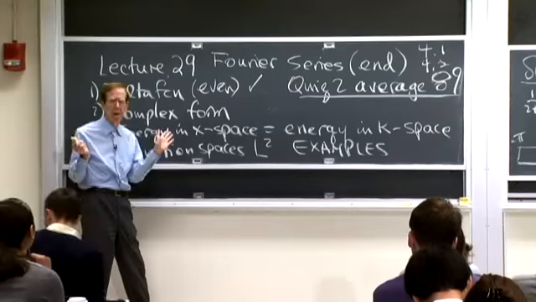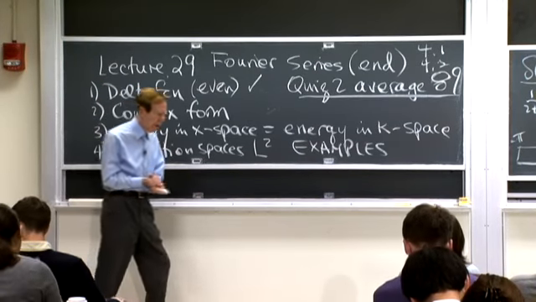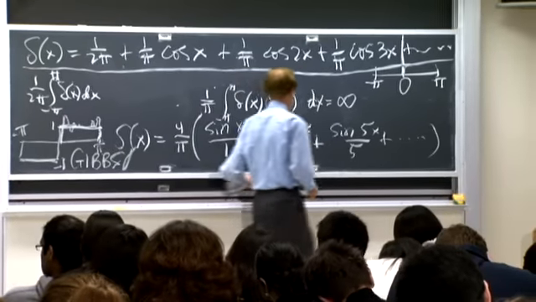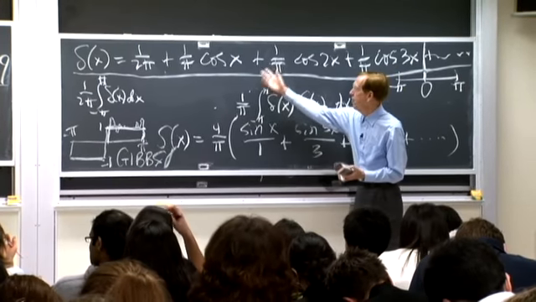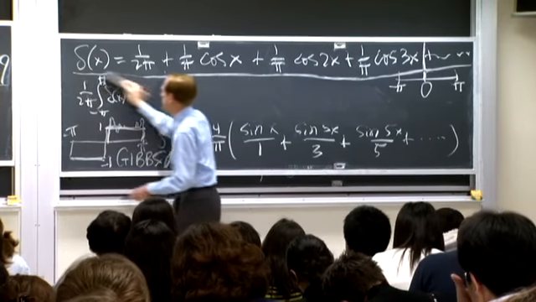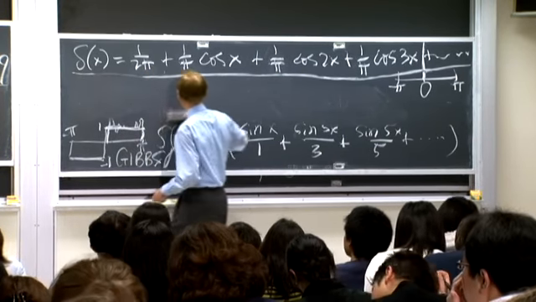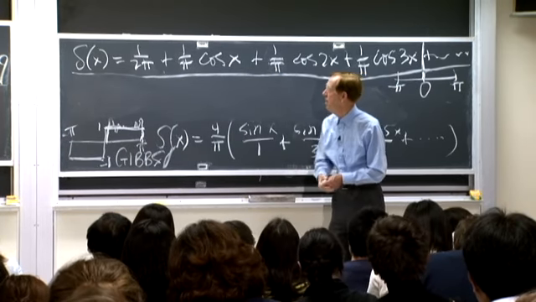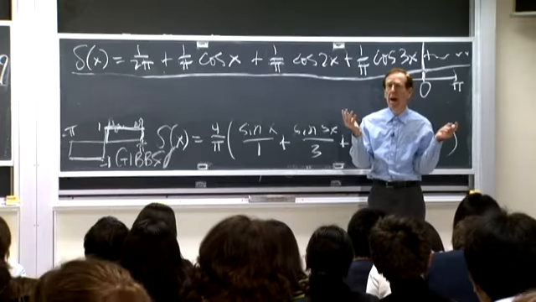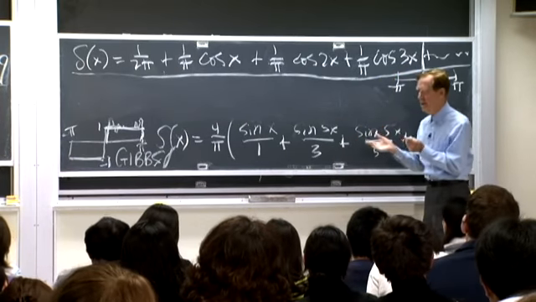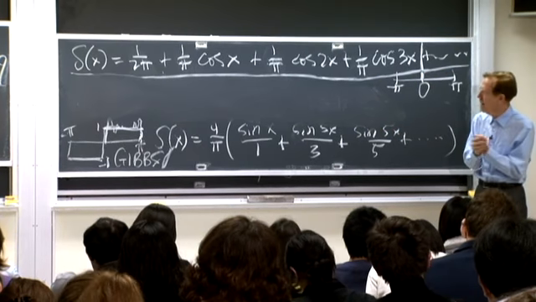Yeah, complex is no big deal. Because we know, actually, you can tell me the complex series for the delta function, I'll write it right underneath. The complex series for the delta function, just turn these guys into e to the i x's, and e to the i 2x's, and e to the minus i 2x's.